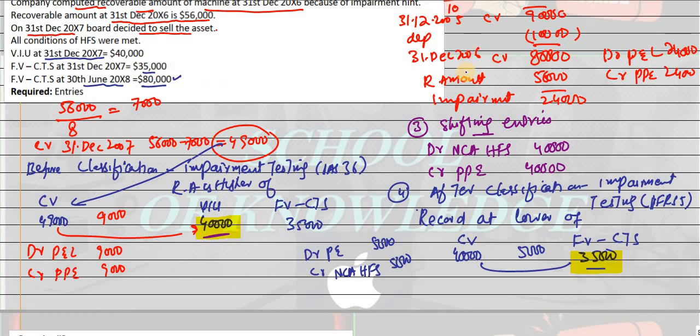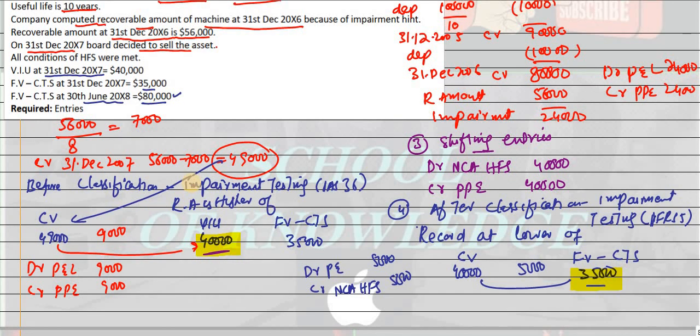Now the total impairment, if you check from here, the first impairment was here. Here the first impairment was this one, and then we have the second impairment, and this is the third impairment. So we have a total of 3 impairments.